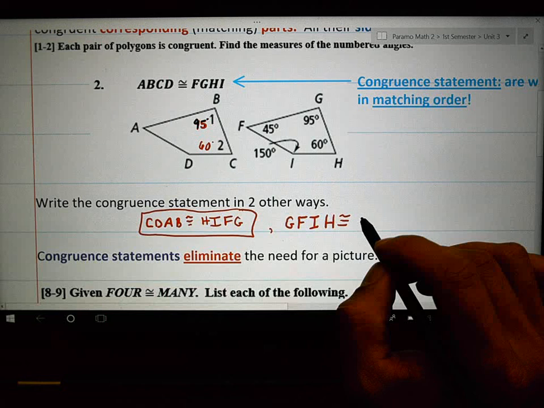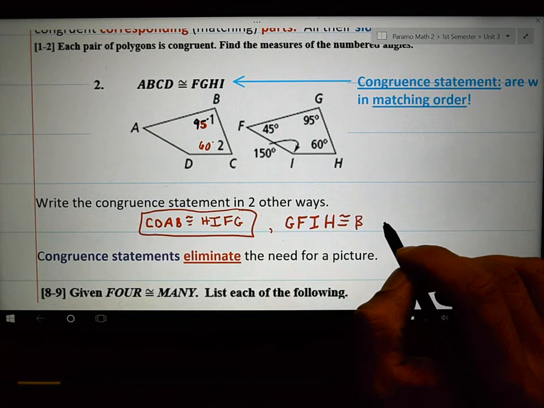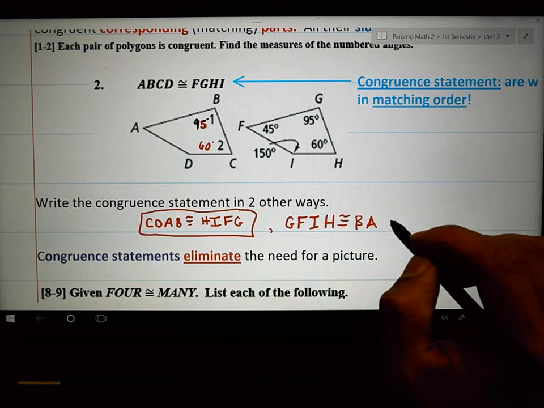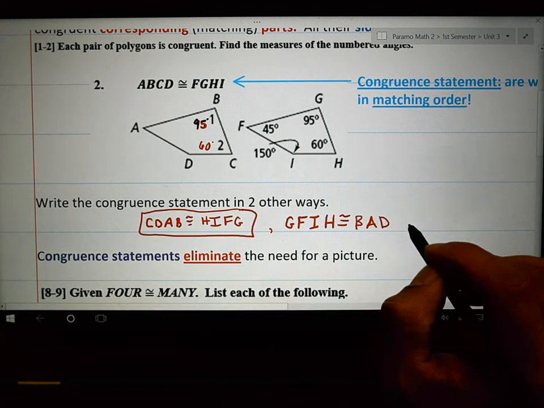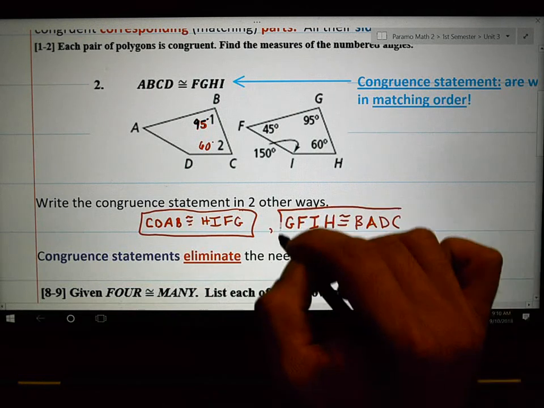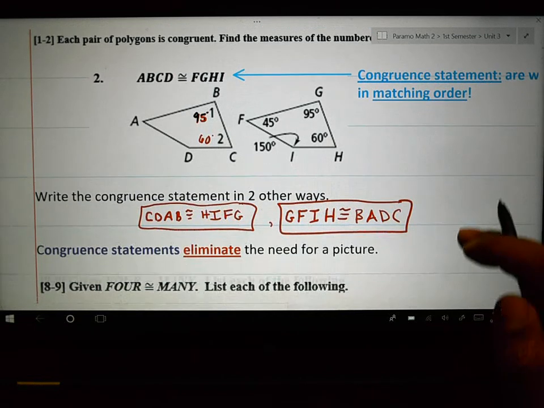What's the first letter that has to match with this? The second letter that has to match is? The third letter that has to match is? And the last letter that has to match? Perfect. Those are just two possible answers. If you came up with other ones, as long as they matched, you would be correct. Fairly simple, right? And if there's three letters, the three letters have to match.